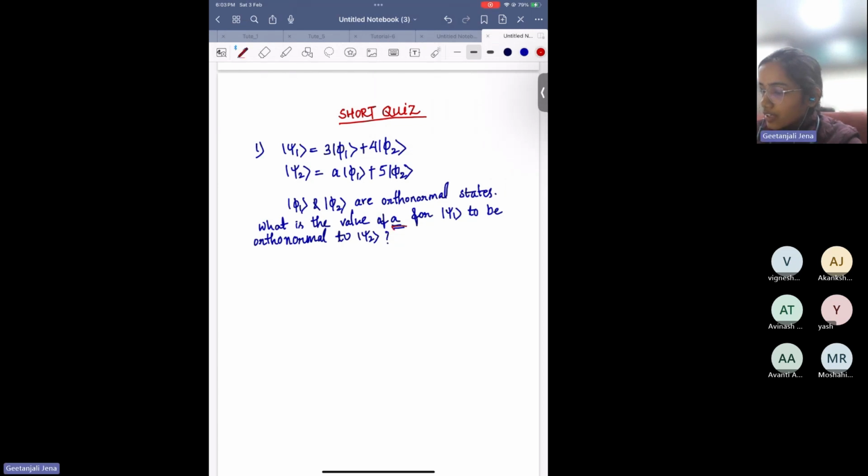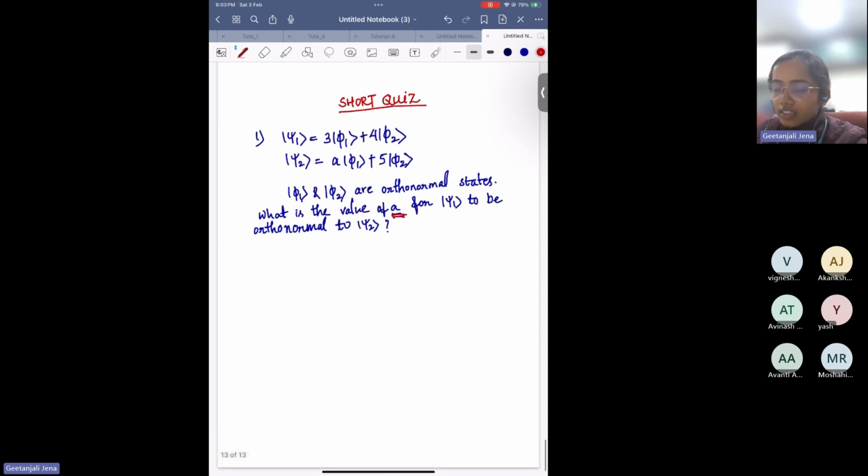What is the value of A for Psi1 to be orthonormal to Psi2? Just look at what conditions are given and according to that, answer the question.